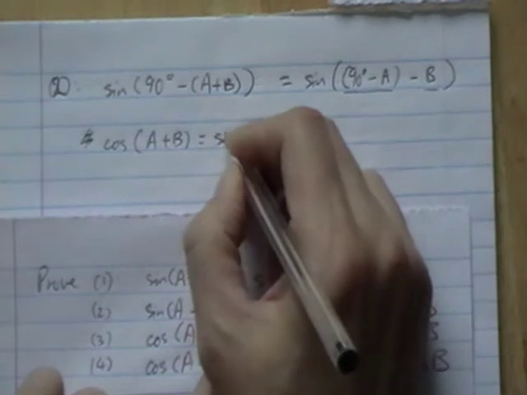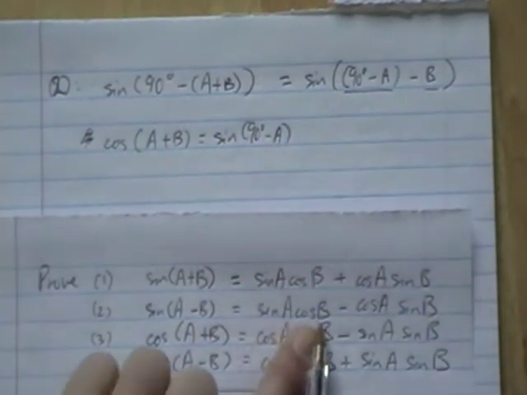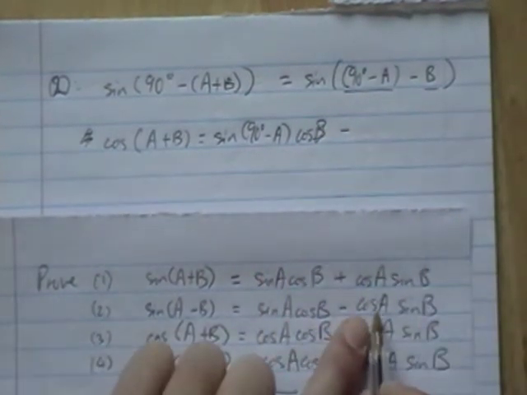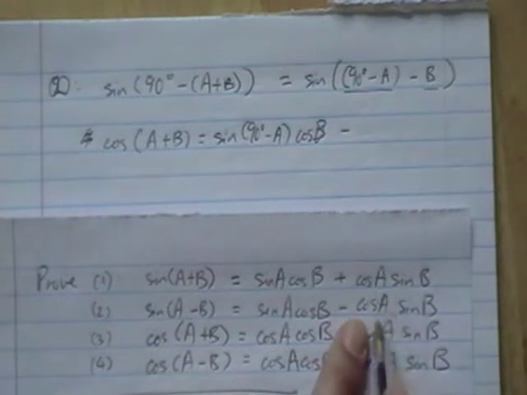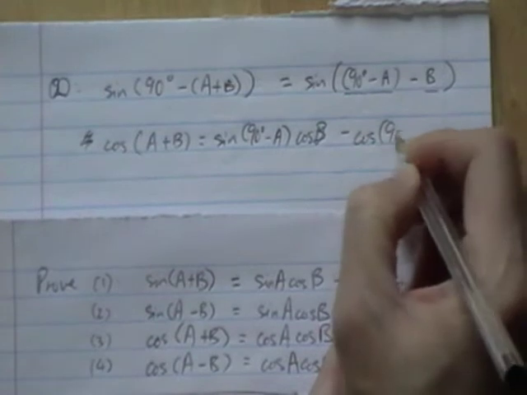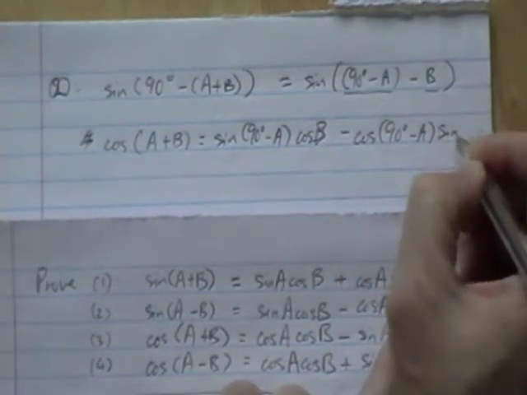So I have sine of 90 degrees minus A for this times cosine B minus, A replaced by 90 minus A, so cosine of 90 degrees minus A times the sine of B.